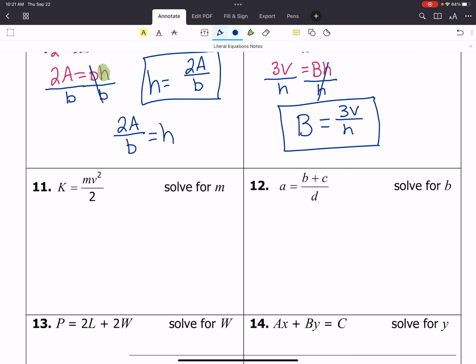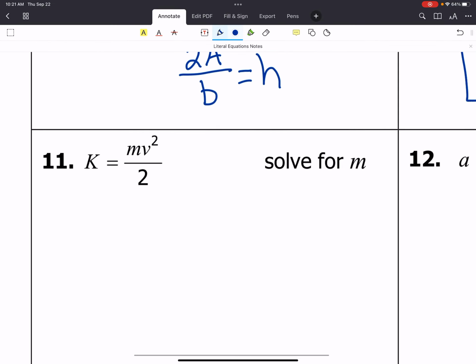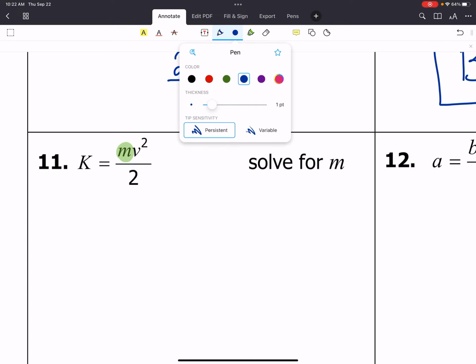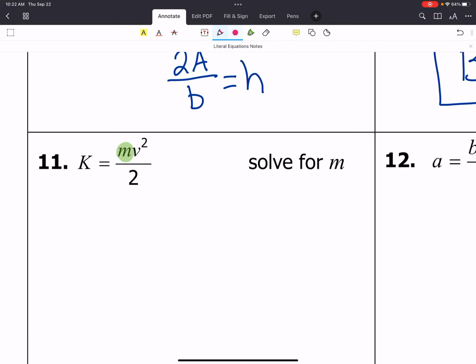All right, number 11 is an interesting problem because it has a square in it. And we are trying to solve for this m right here. So let's see what's happening to the m. First, it's being divided by 2, then it's being multiplied by something that's squared.